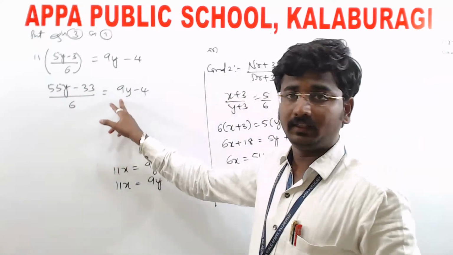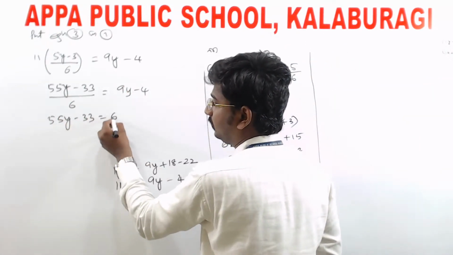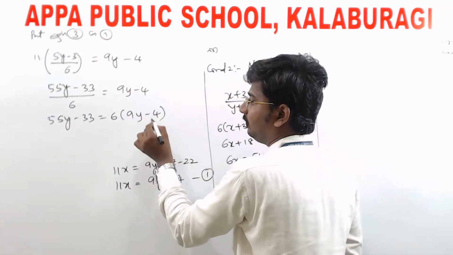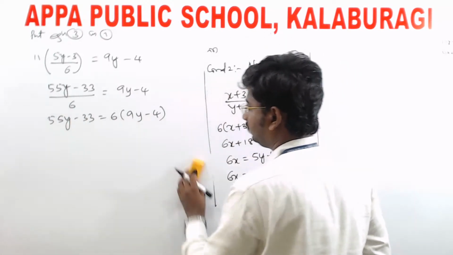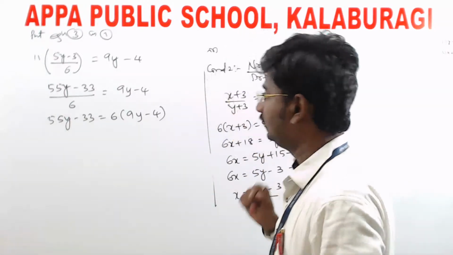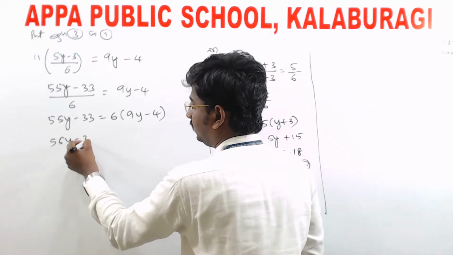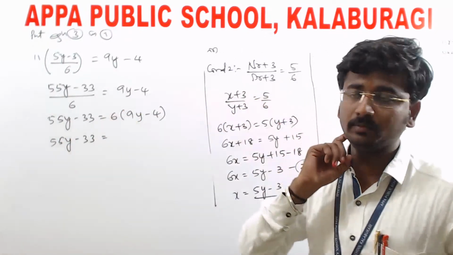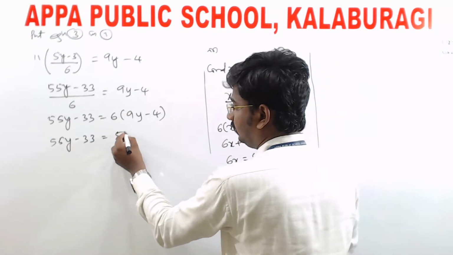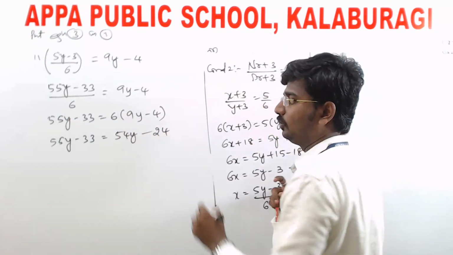Now cross multiply the terms. 55y - 33 = 6(9y - 4). 6 nines are 54, 54y, minus 6 fours are 24.